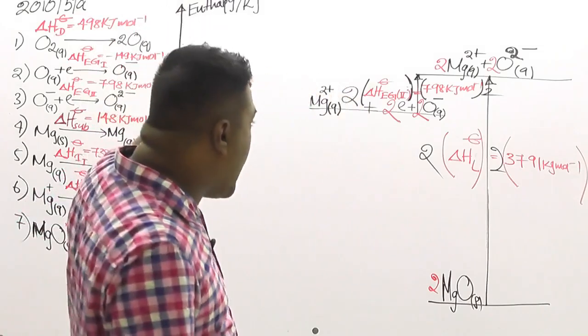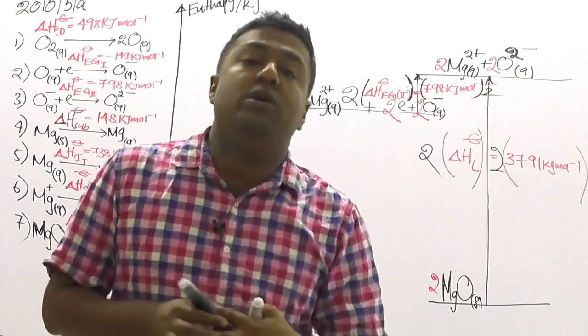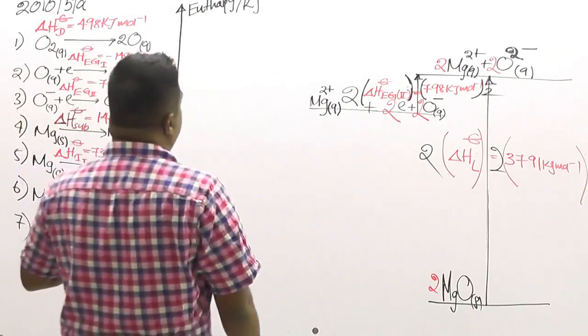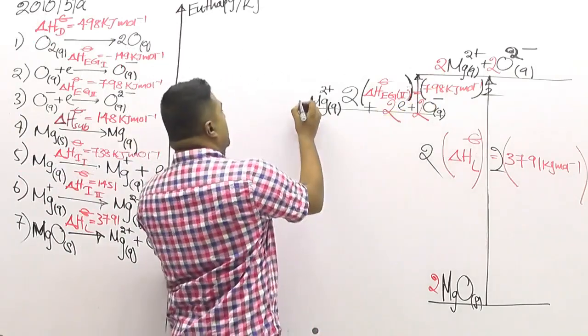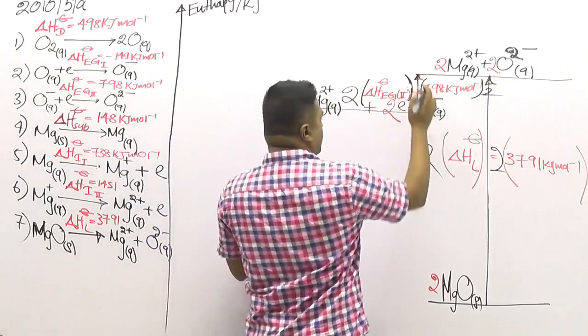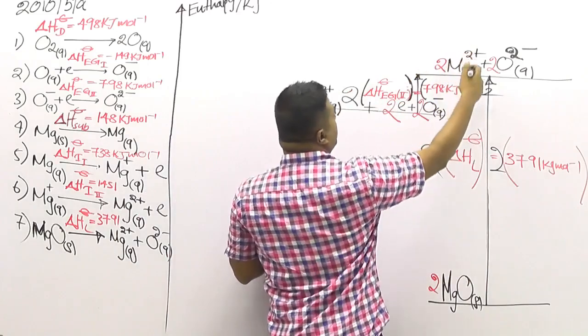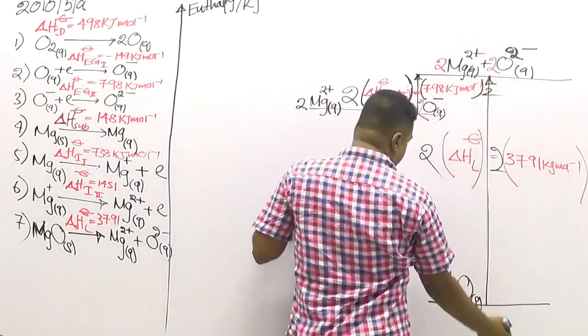Each and every level of the enthalpy level diagram has to be a balanced chemical equation. 2 Mg2+ has to be here to balance this: 2 MgO and 2 Mg2+ gas, 2 O2-, it is balanced.